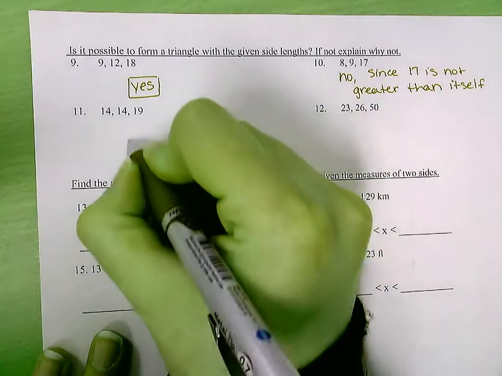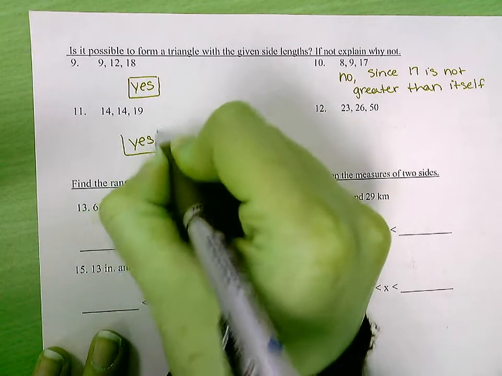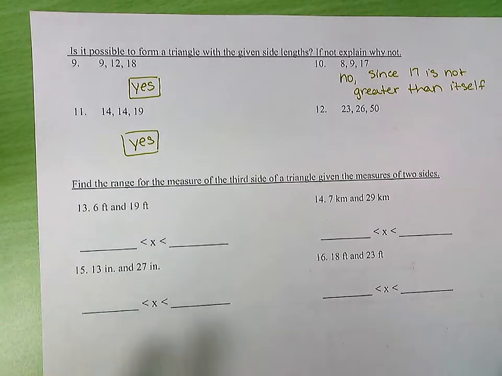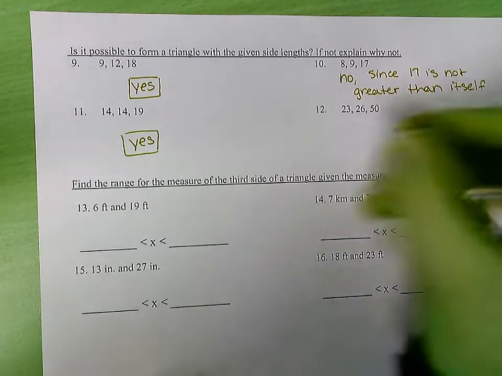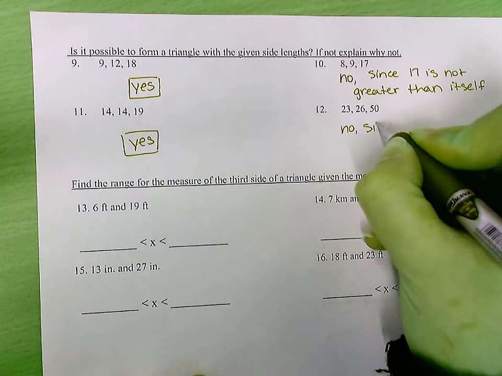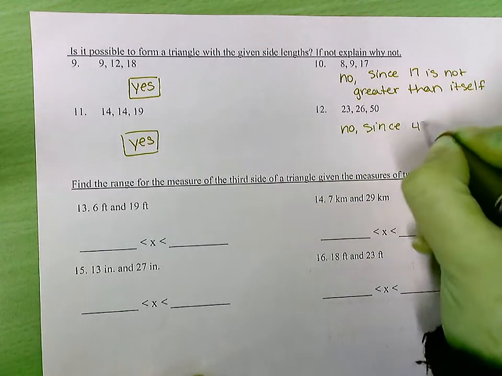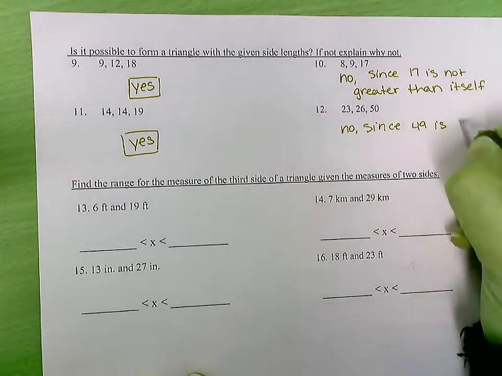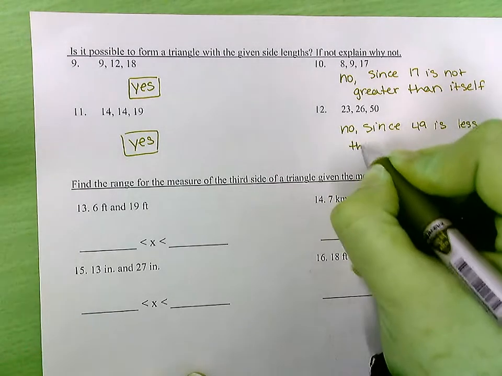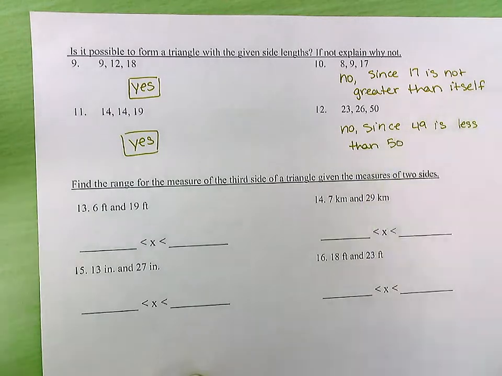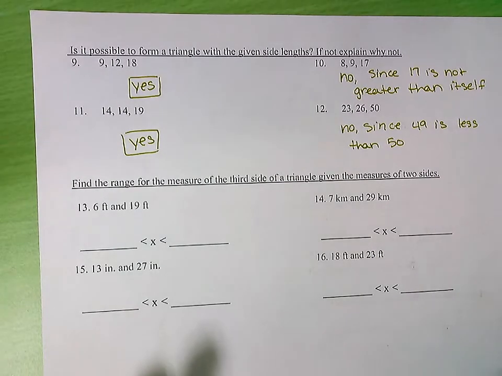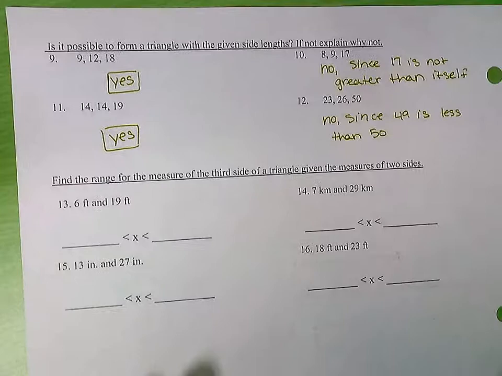Number 11 is yes. And number 12 is no, since 49 is less than 50. Okay, so you had 2 yeses and 2 nos.